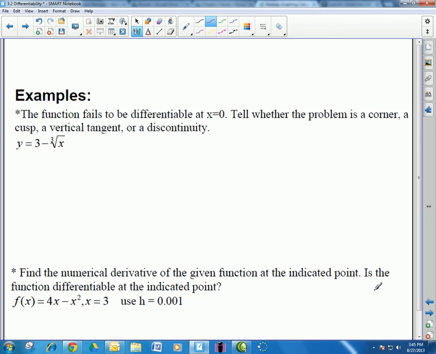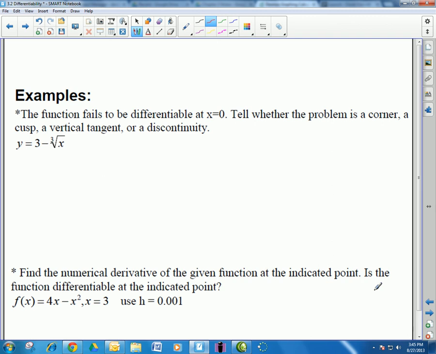Let's take a look at this example here. It says the function fails to be differentiable at x equals 0. Tell whether the problem is a corner, a cusp, a vertical tangent, or a discontinuity. So on your own, go ahead and try this and tell me which one of those this looks like. Look at some of the examples and try it, pause it, and then come back.